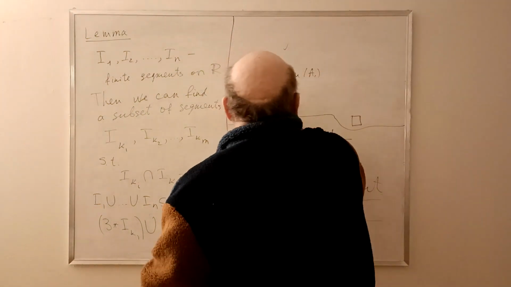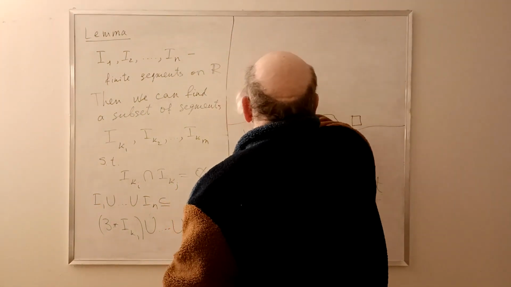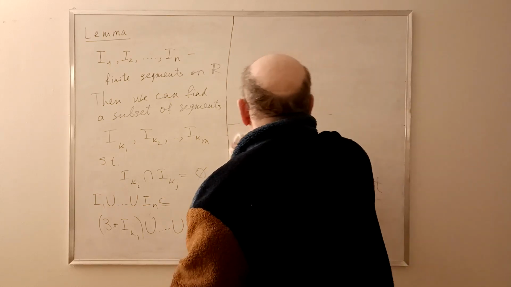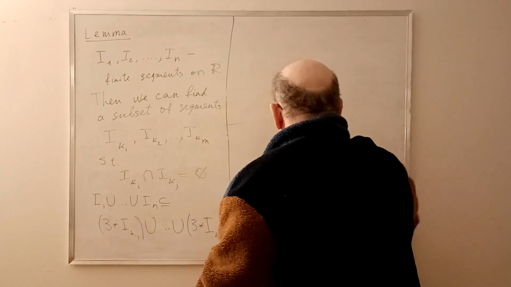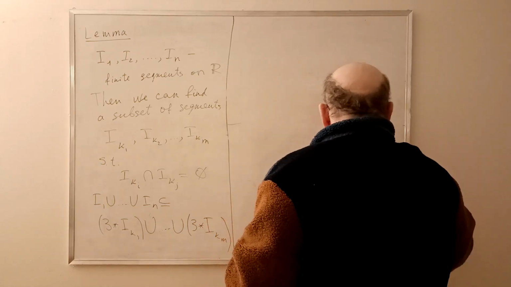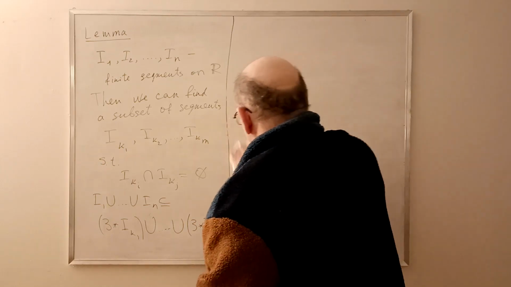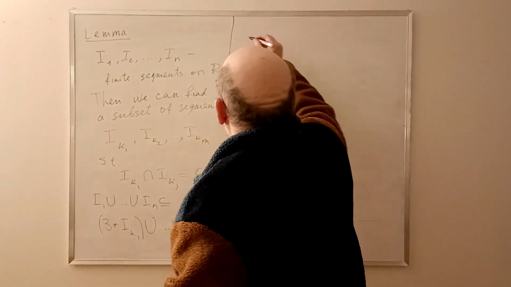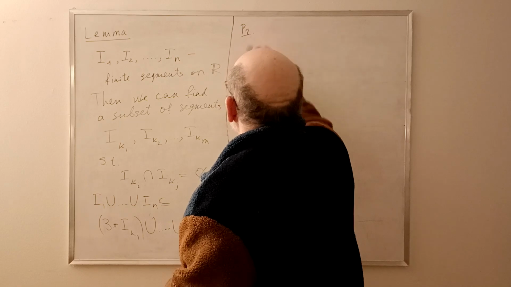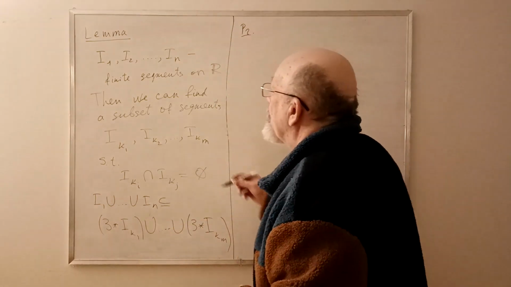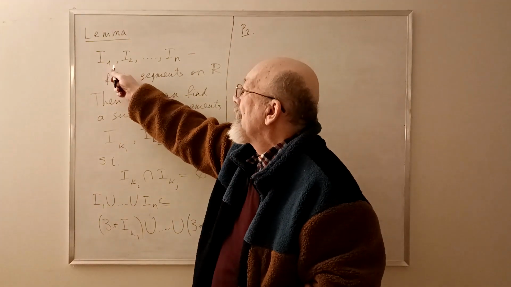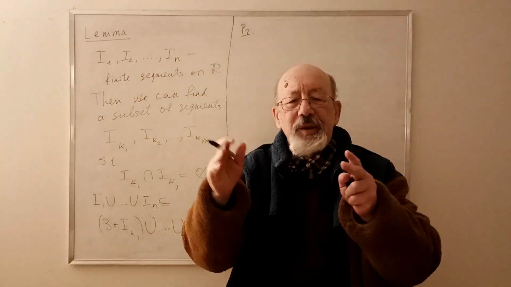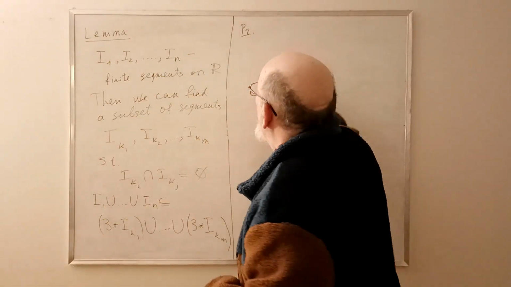It is really interesting. Now let us start the proof of it. It is a beautiful lemma. It is proved in the following way. First of all, let us put these segments in the decreasing order of length.